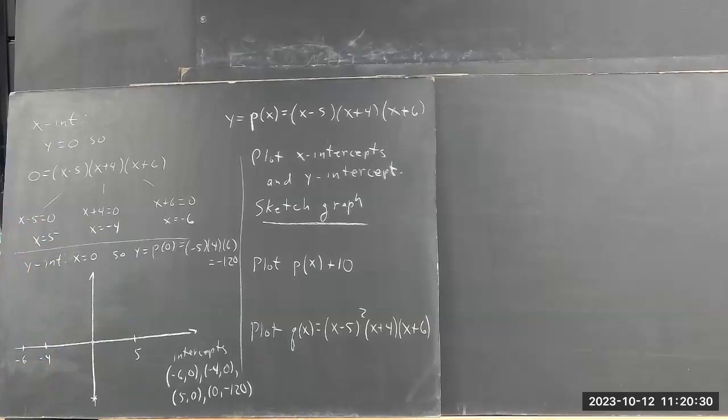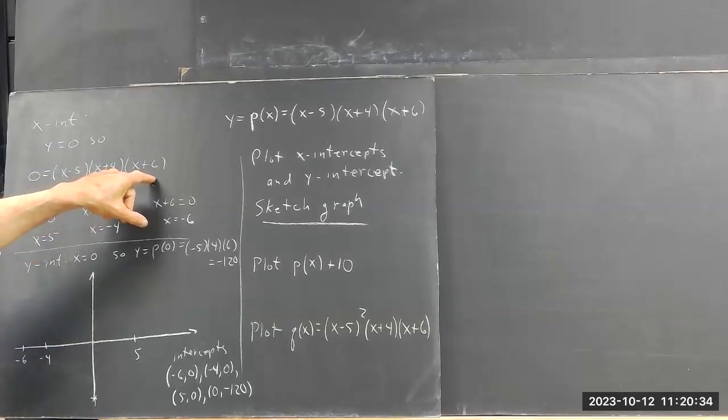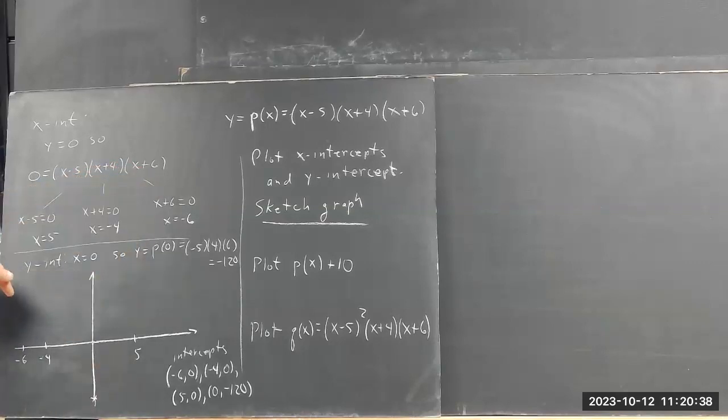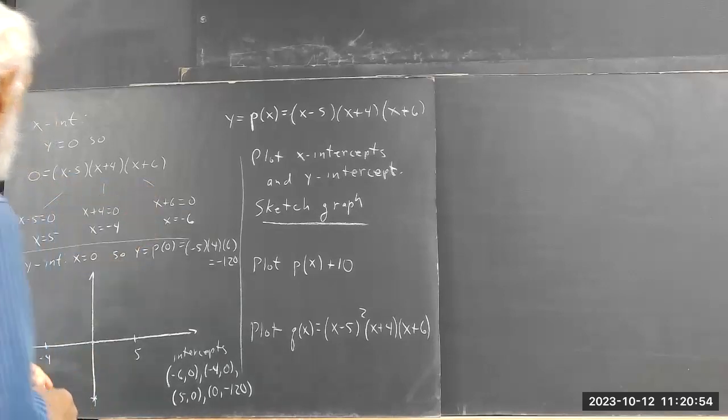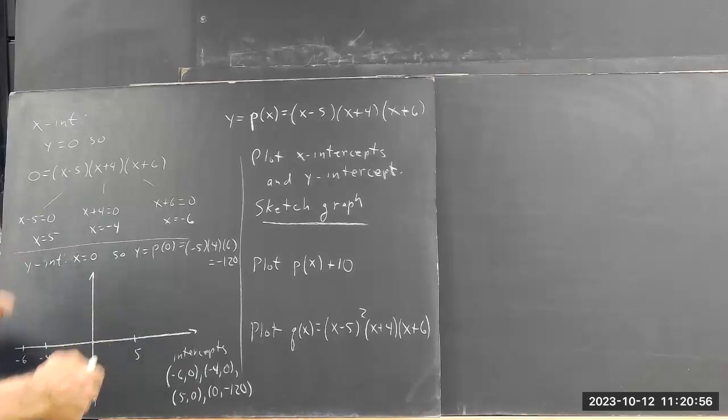By that, I mean, since all these are linear expressions, no squares, you've got to go straight through 6, straight through 4. You could say, I'll come down here and turn around here and then come down here, go through here and come back up. You can't do that with this function because all these terms are of degree 1, they're linear.